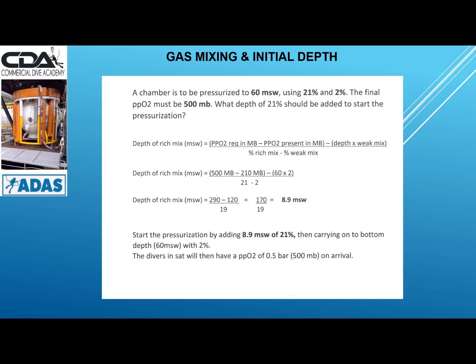So starting the press by adding 8.9 metres of salt water of 21%, and then carrying to the bottom depth of 60 metres with 2%. The divers in SAT will then have a PPO2 of 0.5 bar, or 500 millibar on arrival. Have a practice of that. You're going to need to get good at this when you're doing this on the barge.